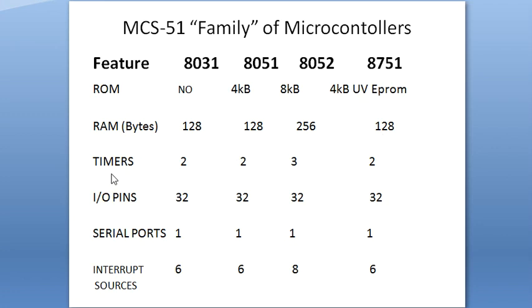For timers, the 8031, 8051 and 8751 all have two timers, whereas the 8052 has three timers. For IO pins, all these families have 32 IO pins. For serial ports, all these MCS51 have only one serial port. For interrupts, the 8052 has 8 interrupt sources, whereas the rest all have only 6 interrupt sources.